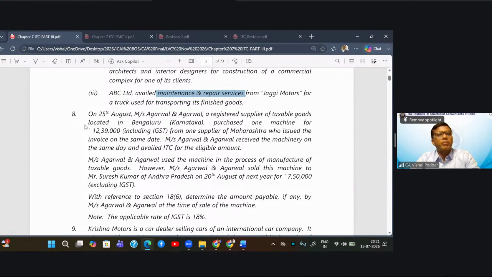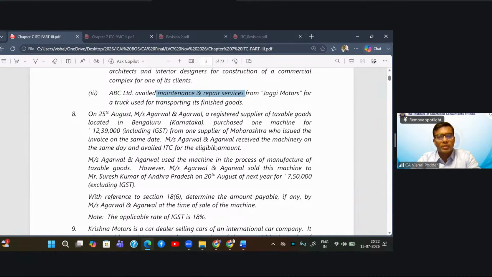Let us go to question number 8. The dates are very important, very crucial, so please make a note of them. On 25th of August, Messrs. Agrawal and Agrawal, a registered supplier of taxable goods located in Bangalore, purchased one machinery for 1239 including IGST from one supplier of Maharashtra who issued the invoice on the same date.